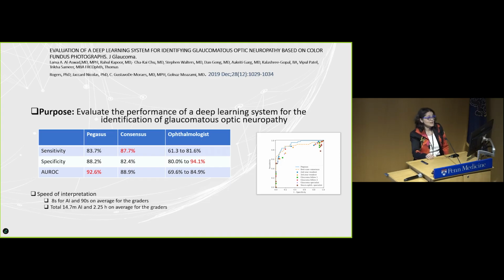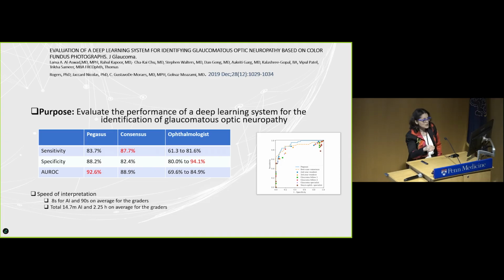And one of the early studies I actually worked on with a group of people is to see if AI can diagnose glaucoma from cup to disc ratio. And we had a second-year resident, third-year resident, 2 glaucoma fellow ophthalmologists and neuro-ophthalmologists read 110 images, and the Pegasus system read it. First of all, the Pegasus was early.